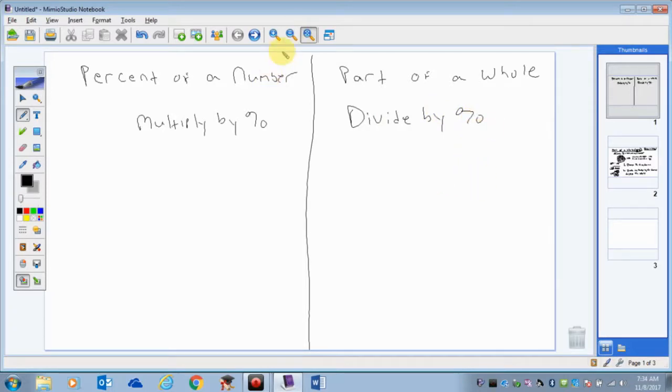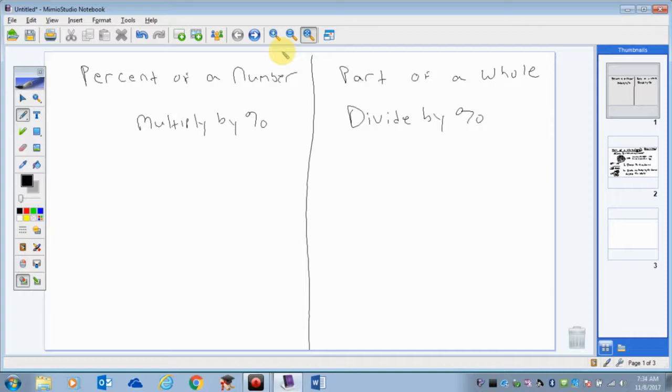The answer for part of a whole is usually going to be higher than the number. If I say 7 is 35% of what number, then I'm going to divide it by 0.35. So 0.35 is going to go into 7 more than 7 times.